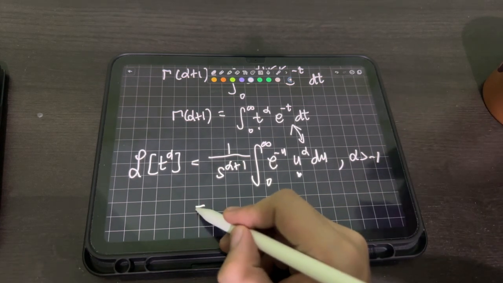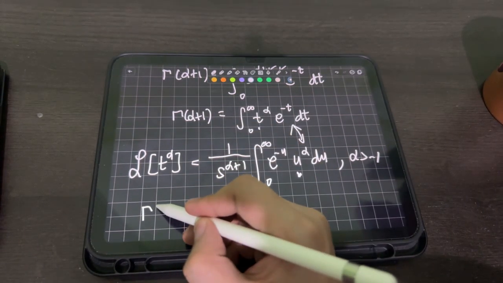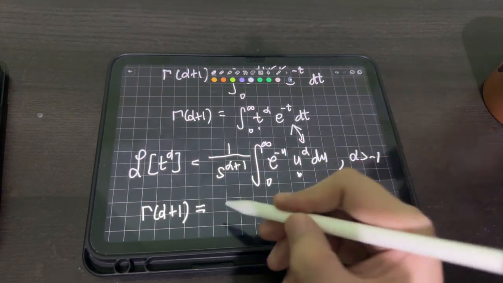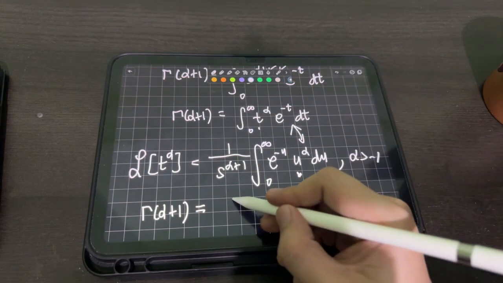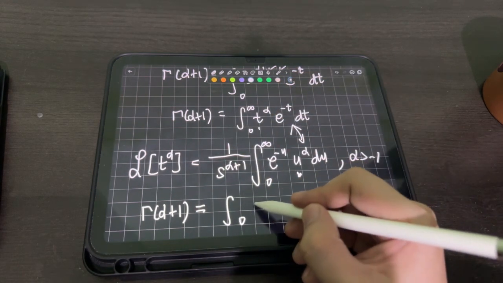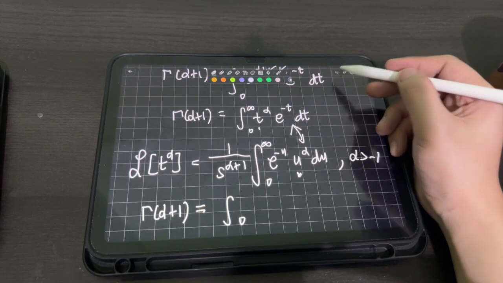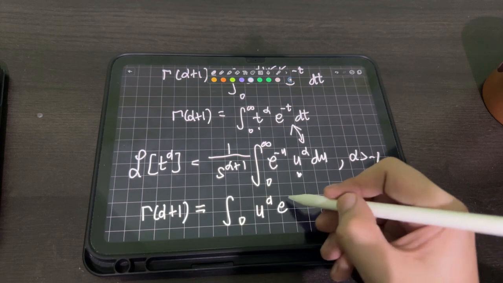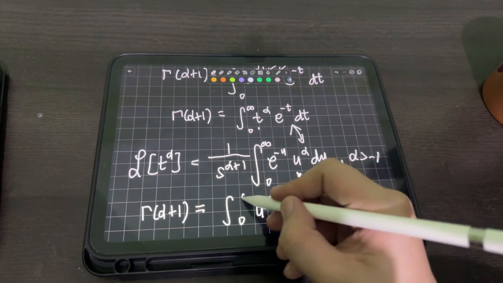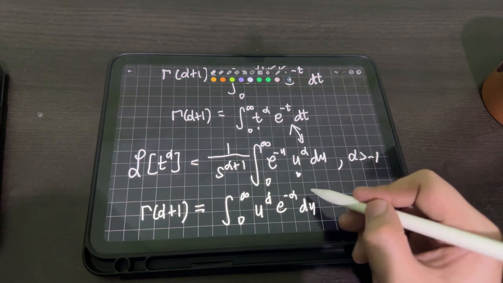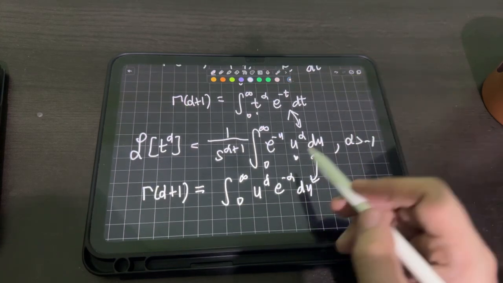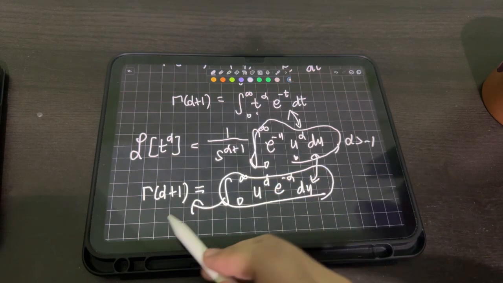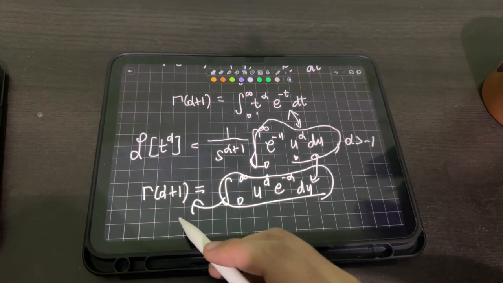So, therefore, I can also substitute, let's say, u here in the formula. So, gamma of alpha plus 1 is also the same as the integral of, let's use now, u to the alpha e to the negative u du from 0 to infinity. Which is, if you compare, therefore, these expressions are the same, equivalent both to gamma of alpha plus 1.